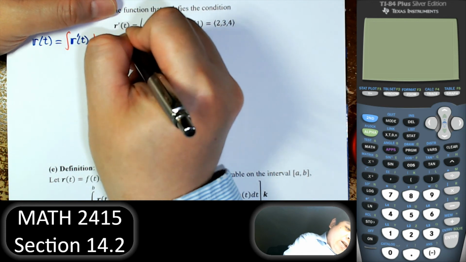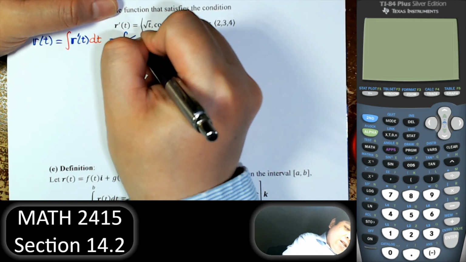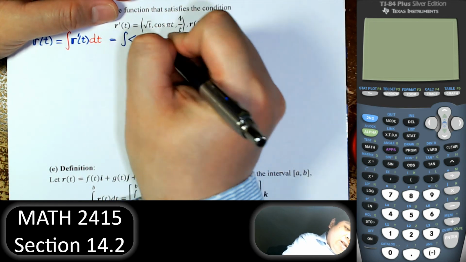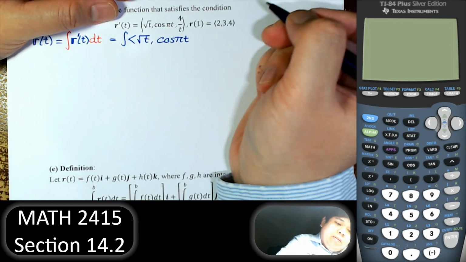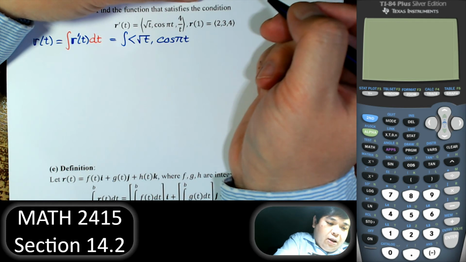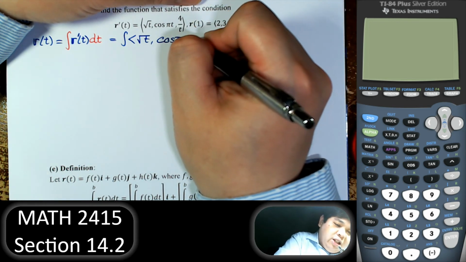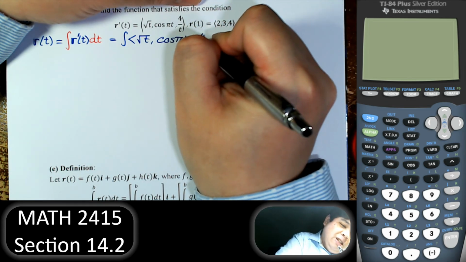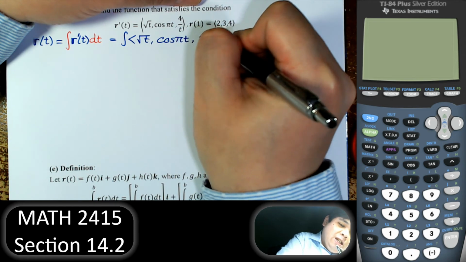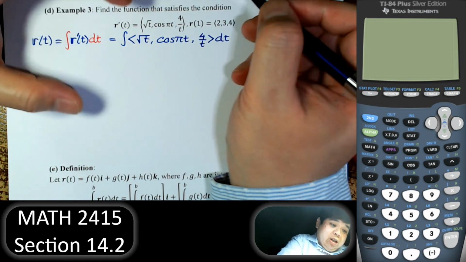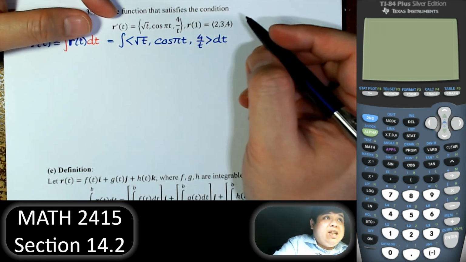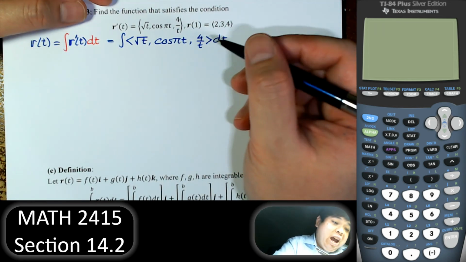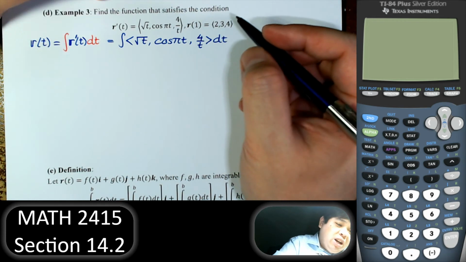Anyway, integrate this: square root of t, cosine pi t, and 4 over t, dt. Before we integrate, I just want to rewrite square root of t as t to the 1/2. I prefer to integrate that way.